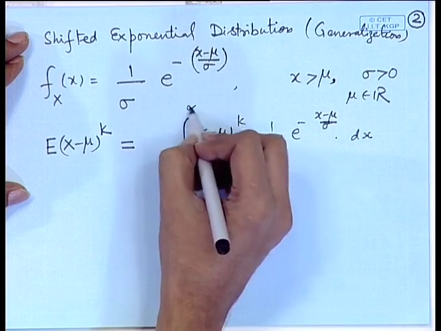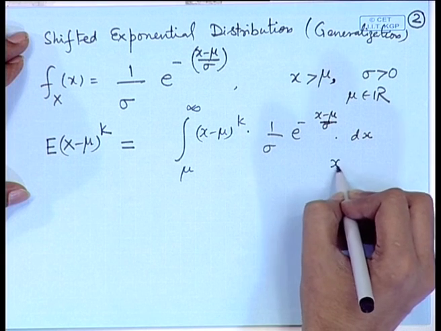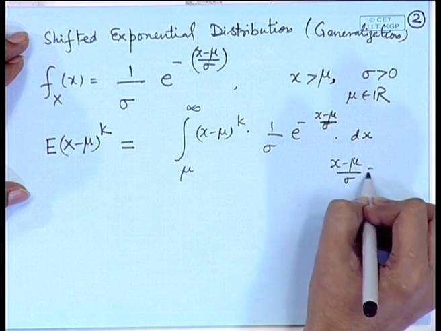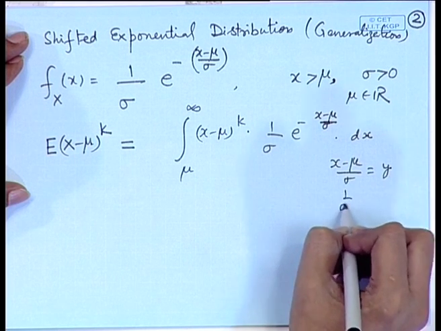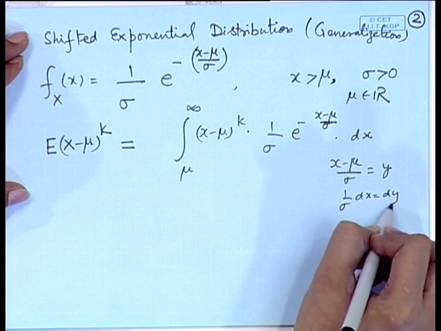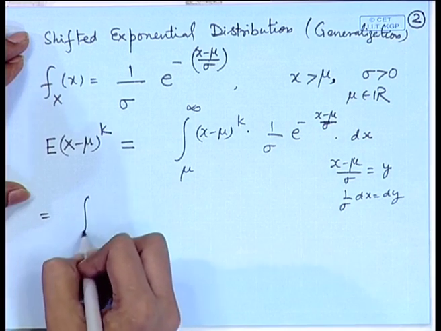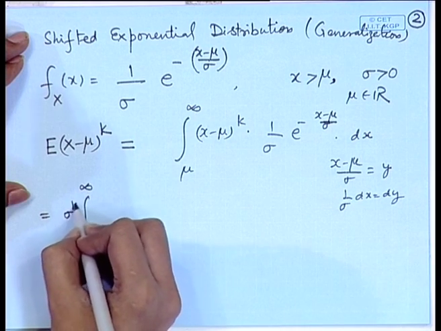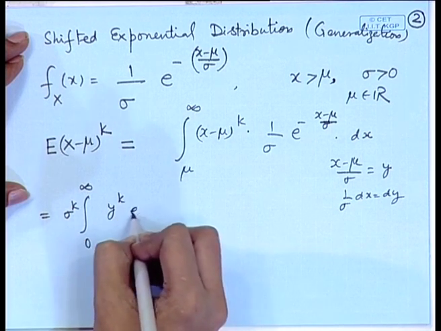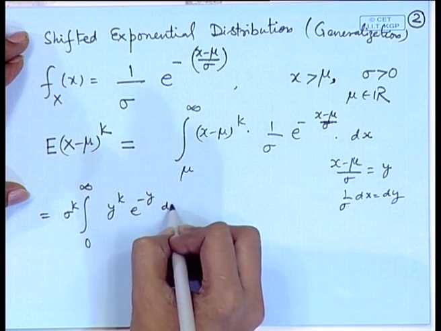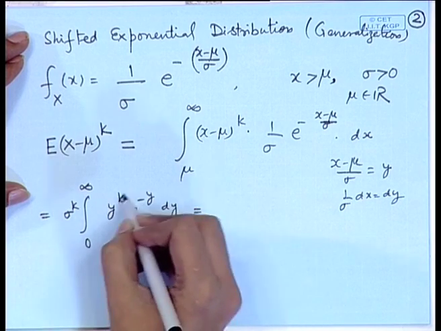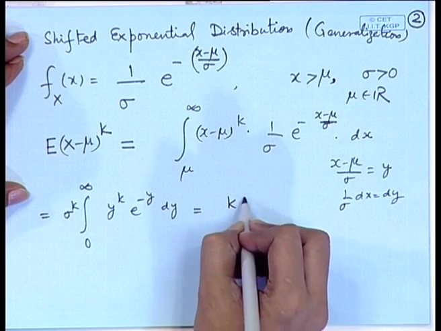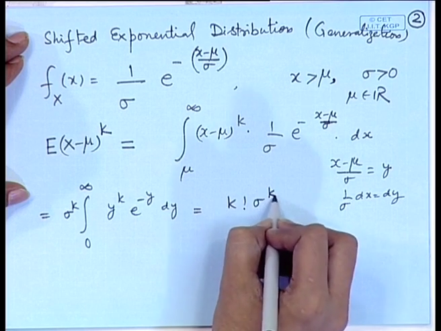We may put (x minus mu) by sigma equal to y, that is 1 by sigma dx is equal to dy. Then this is equal to the integral from 0 to infinity of sigma to the power k y to the power k e to the power minus y dy, that is equal to gamma of k plus 1, or k factorial, times sigma to the power k.